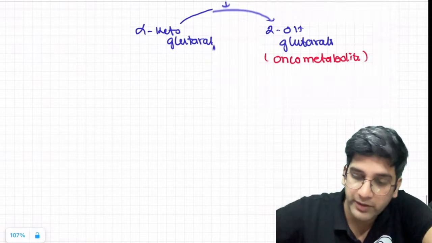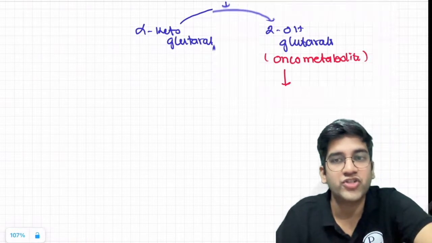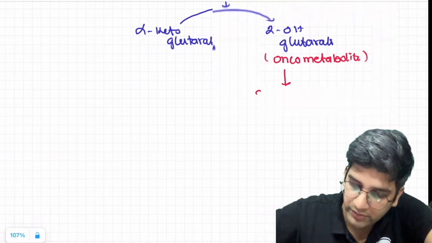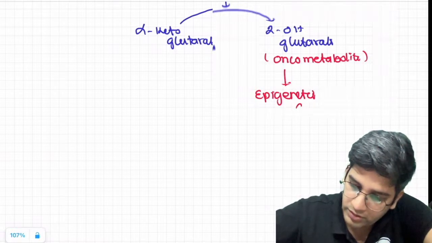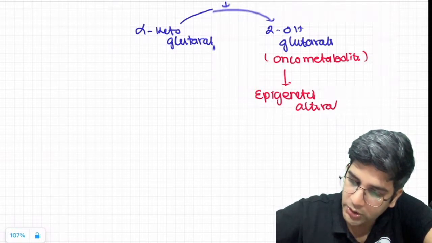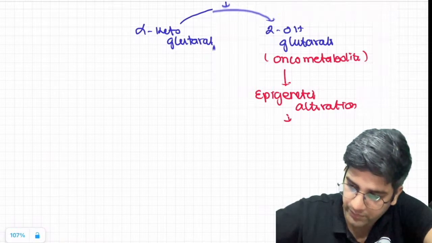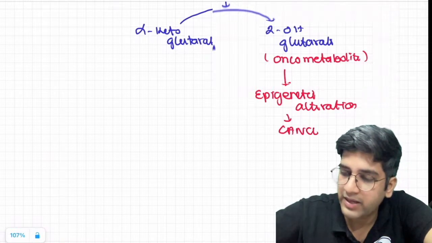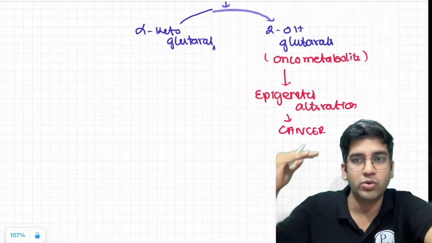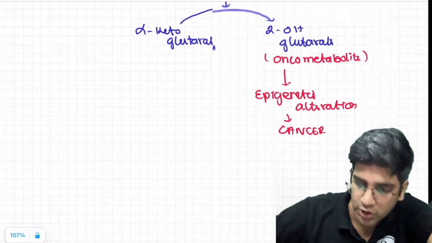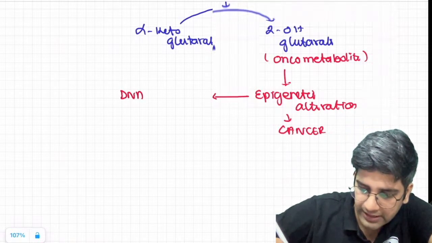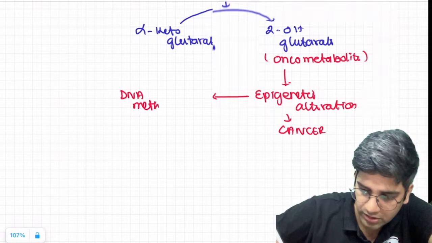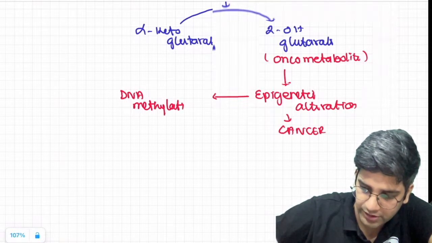So this oncometabolite causes epigenetic alterations, which can result in a cancer. What do we mean by epigenetics? Epi means above, and genetics is obviously genetics, right? So the epigenetic alterations they cause are DNA methylation and acetylation.